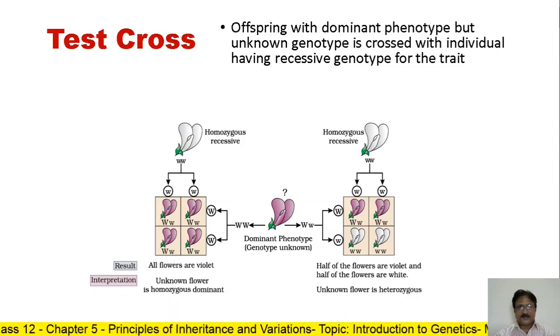If the result is 100% violet, then this unknown genotype is homozygous. If the cross results in 50-50, meaning a 1:1 ratio, 50% flowers are dominant violet color and 50% flowers are white color, then it is understood that the genotype is heterozygous.